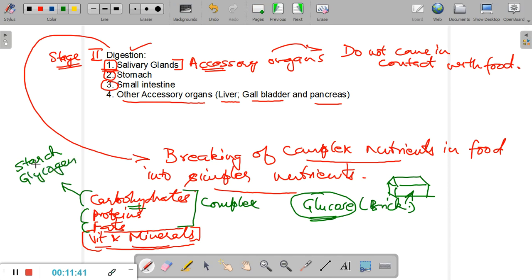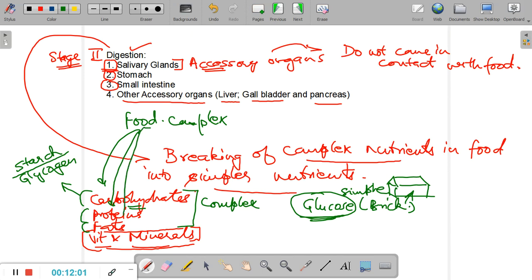Now you don't have to remember so many, but you should remember at least one. So starch is a complex carbohydrate. Glucose is a simple carbohydrate. Our body through food is getting complex nutrients. We are getting complex carbohydrates, we are taking in complex proteins, we are taking complex fats, and we cannot use them directly. So we have to break them down into simpler carbohydrates.